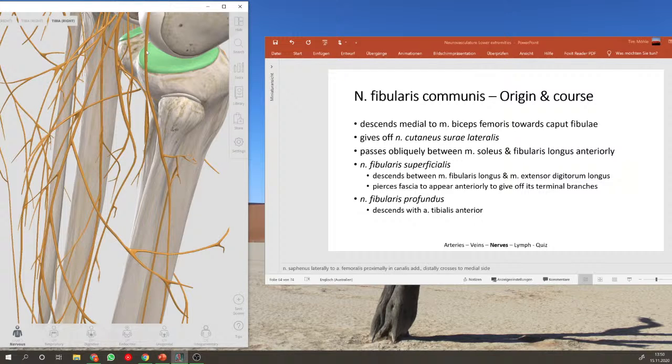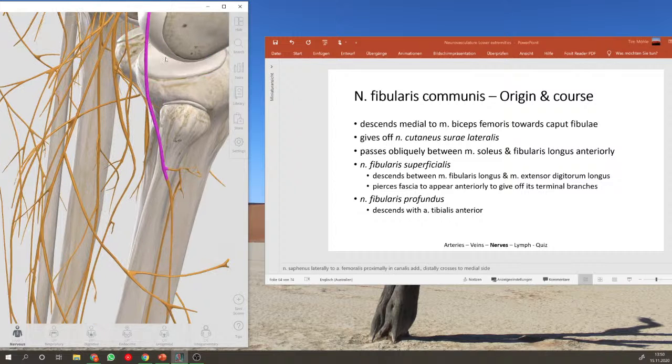Yeah, so you can see it crosses obliquely the fibula to the ventral side. It will run towards caput fibulae, together with biceps femoris, and you know the insertion of biceps femoris is caput fibulae. So this is the oblique crossing to the front, and then it will split into the deep and the superficial fibular nerve. So we have nervus fibularis profundus, which will be this one.